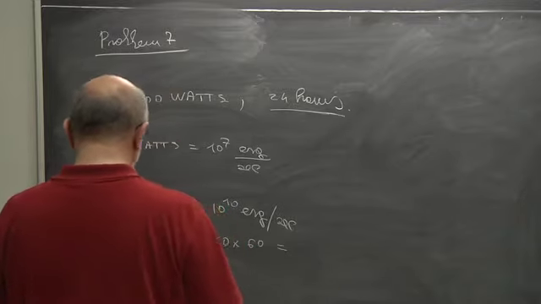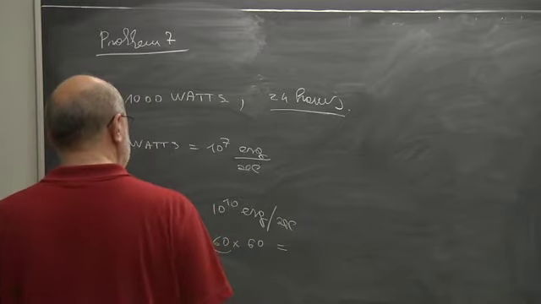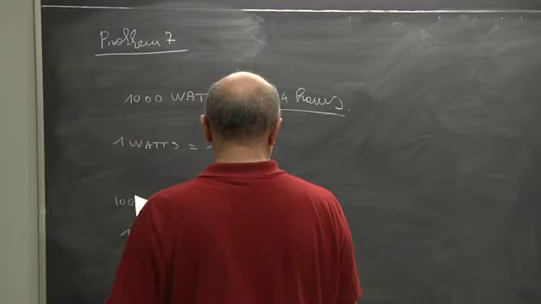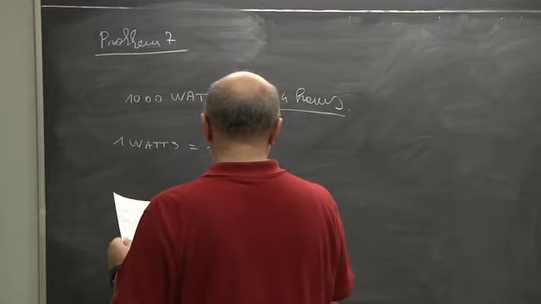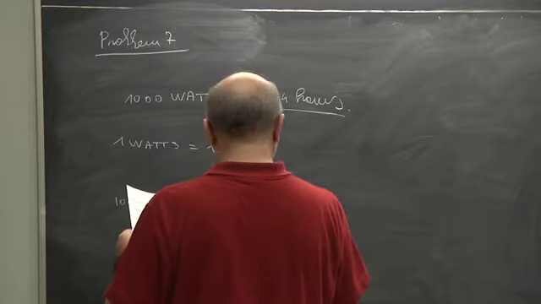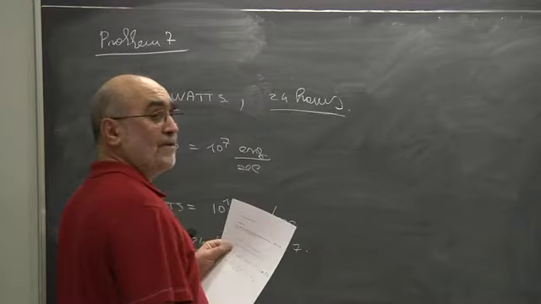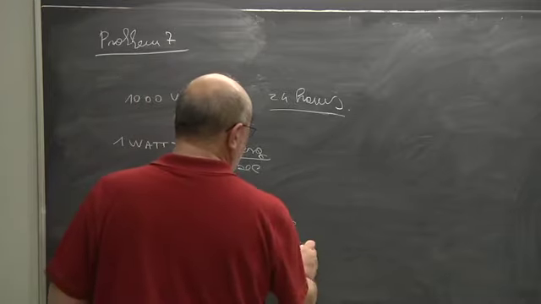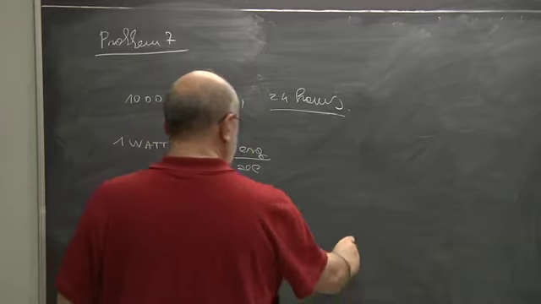I want to put it in power of 10, am I right? 24 hours, 60 minutes each hour, 60 seconds in each minute, so we get 8.6 times 10 to the 4.